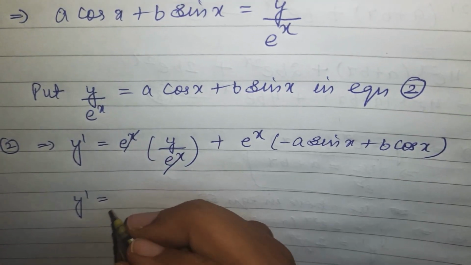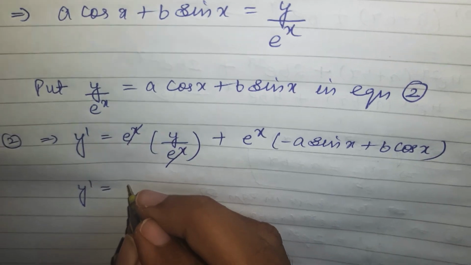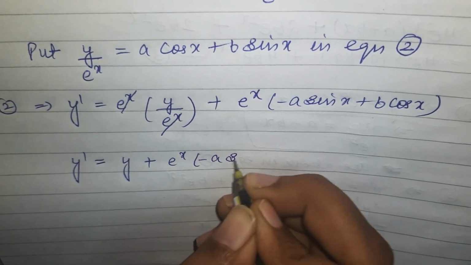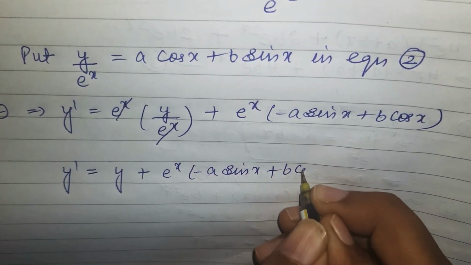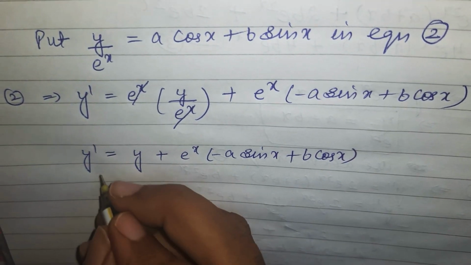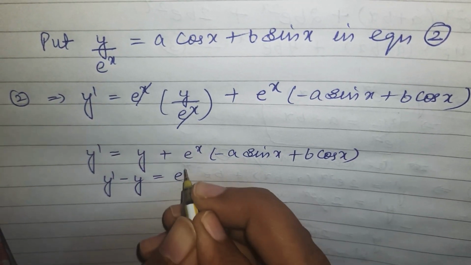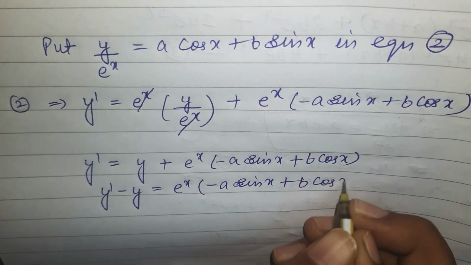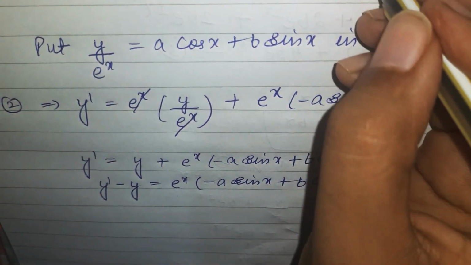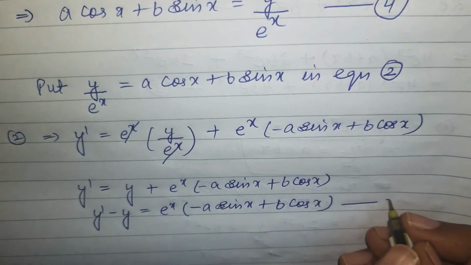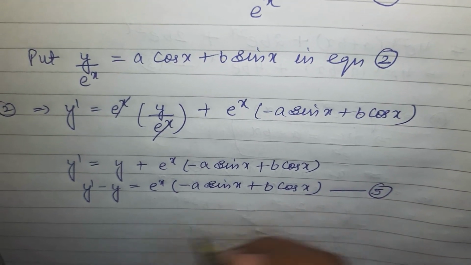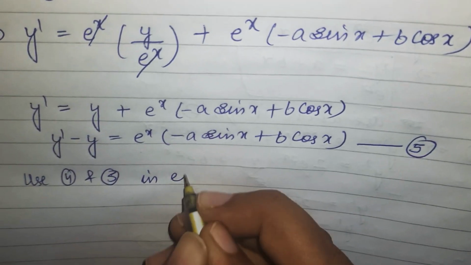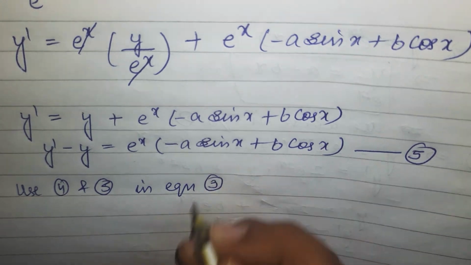I am getting y dash equivalent to y plus e^x(minus a sin x plus b cos x). So from here y dash minus y is equivalent to this. Same like the previous one. Now see, mark it as 4, mark it as 5. So use these 4 and 5 in equation 3.